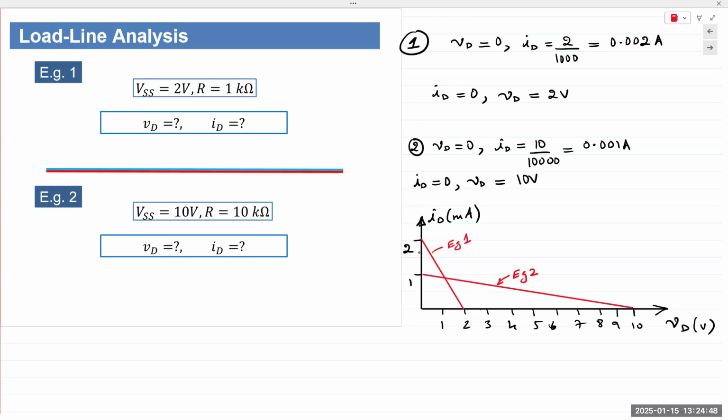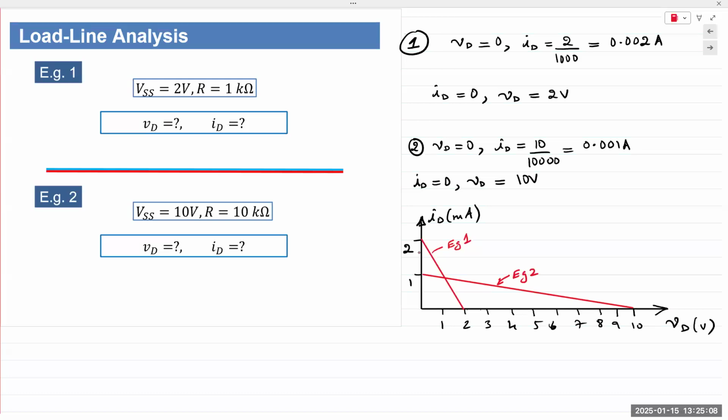And then depending on the diode characteristic that is given to us, or we would plot it using the diode equation, we can obtain or determine the operating point for that diode. Let's take a pause while you write it down, think over it.